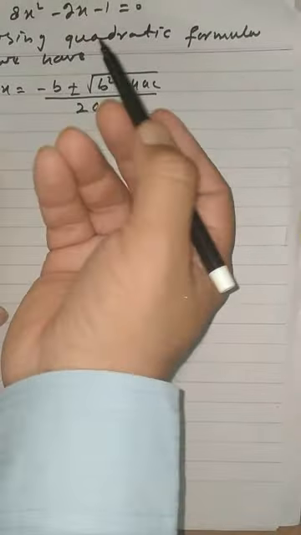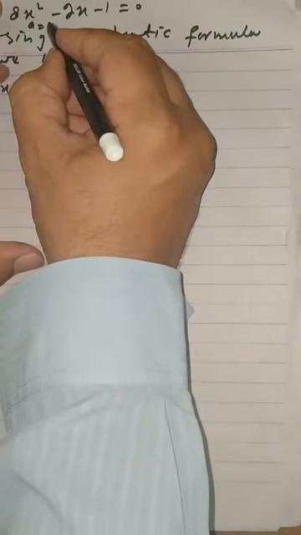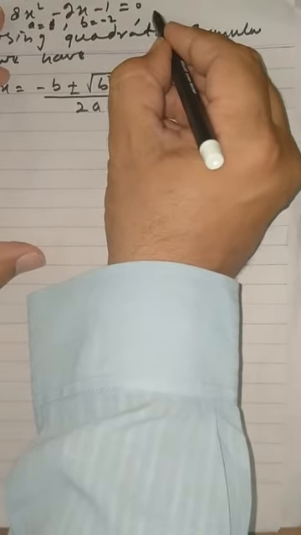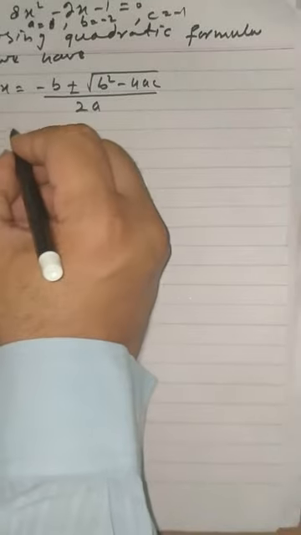Now here we know that the a value is 8, the b value is minus 2, and the c value is minus 1. So put the values here.